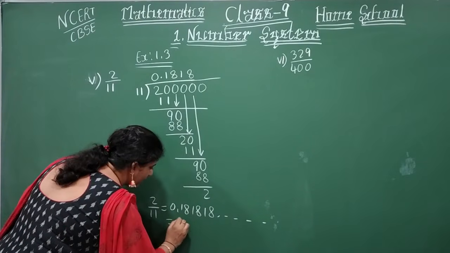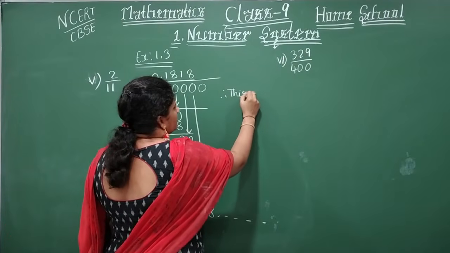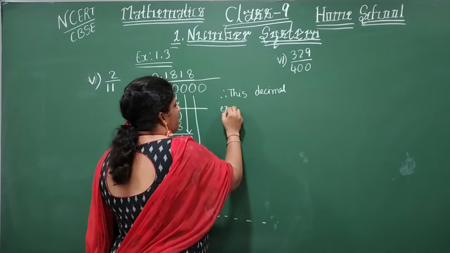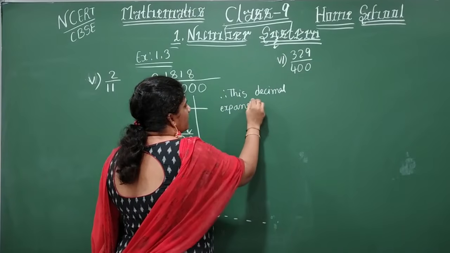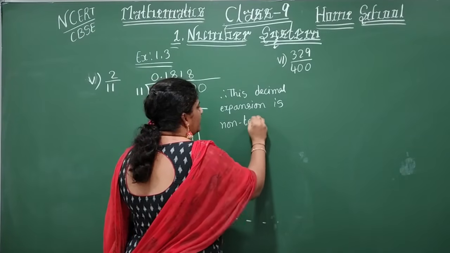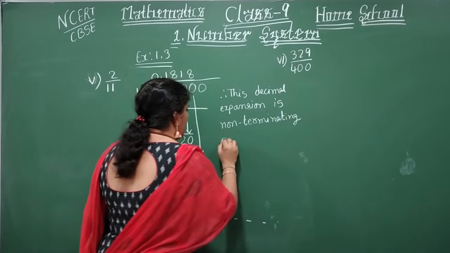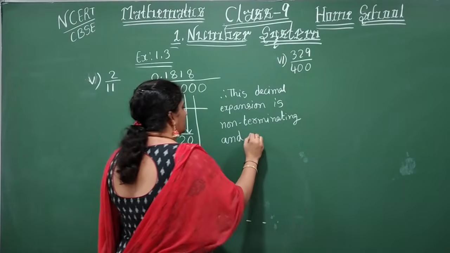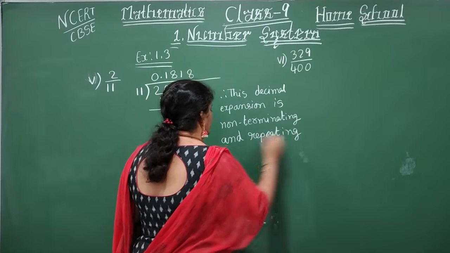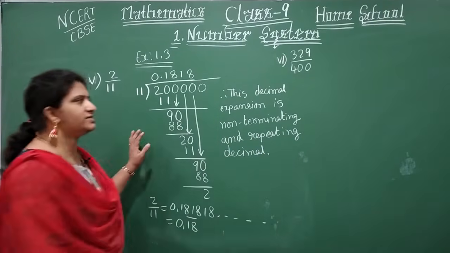So therefore this can be written as 0.18 bar, and therefore this decimal expansion is non-terminating and repeating decimal. Okay, with this we are going to end this answer.